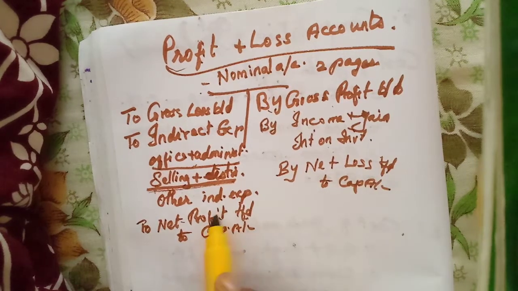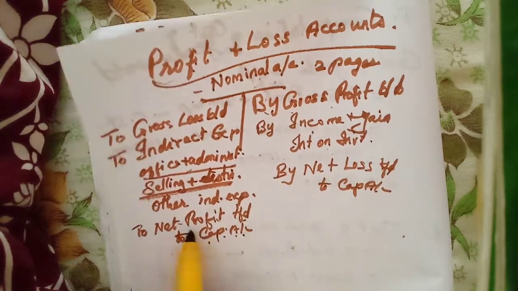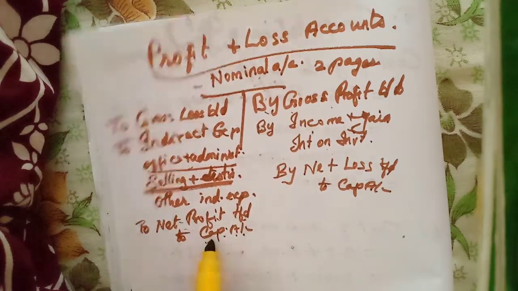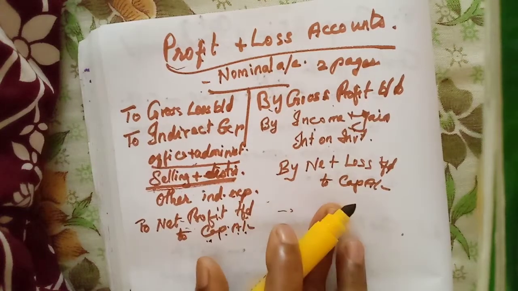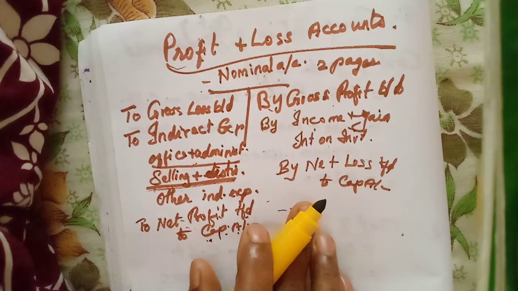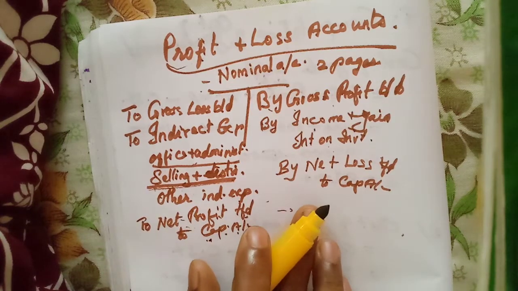If it is a net profit, it will increase the capital, so we add this net profit to the capital account in the balance sheet. But if it is a net loss, it will reduce the capital, so on the liability side of the balance sheet we should deduct the net loss from the capital.